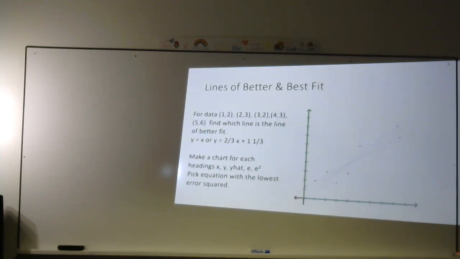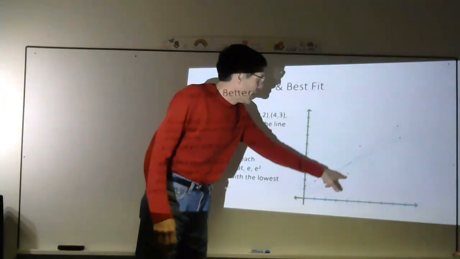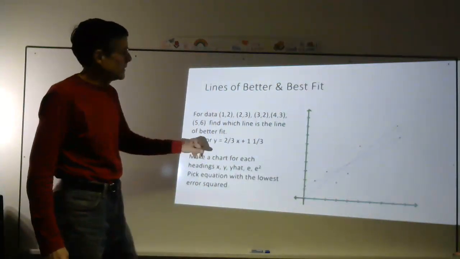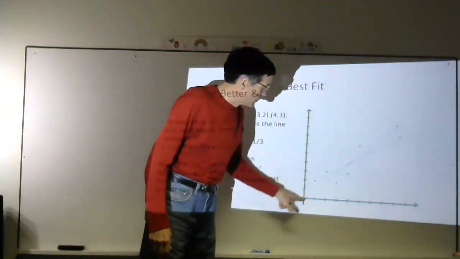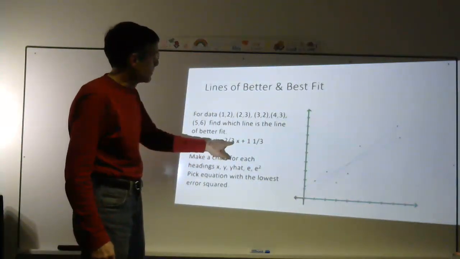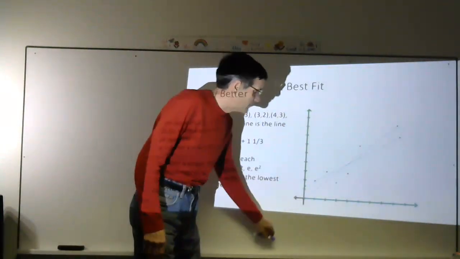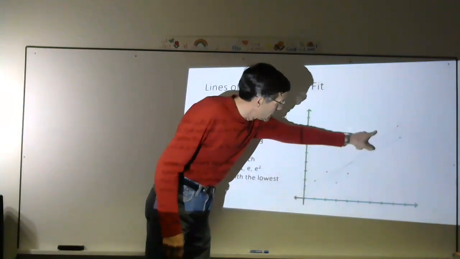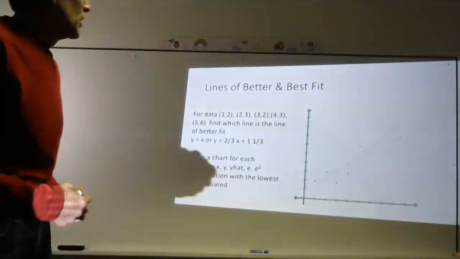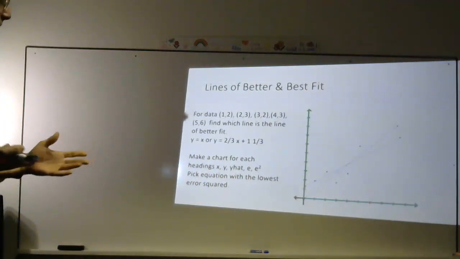All right, so here we have some data. I plotted the 5 data points here. We have 2 lines. y equals x is this blue line. You can see that going up through there. And y equals 2/3 x plus 1 1/3 is this line. We want to find which of those 2 lines is the line of better fit.